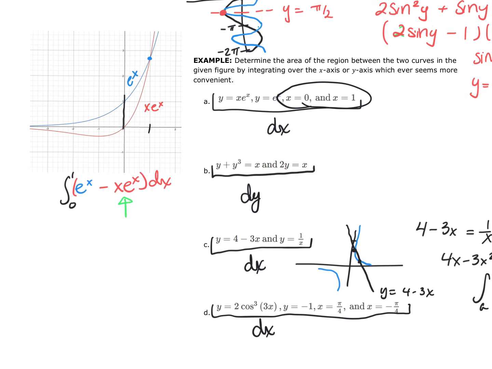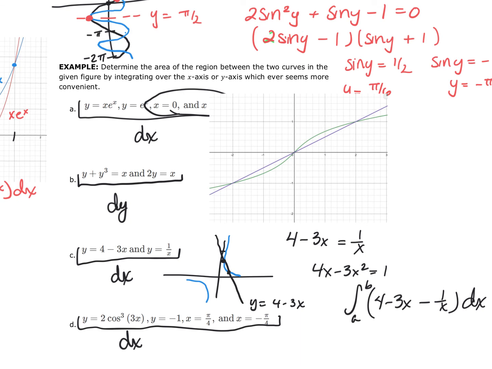Now I'm going to go out and graph y plus y cubed is equal to x and 2y equals x. The purple one here is the line 2y is equal to x, and the green one is y plus y cubed is equal to x.